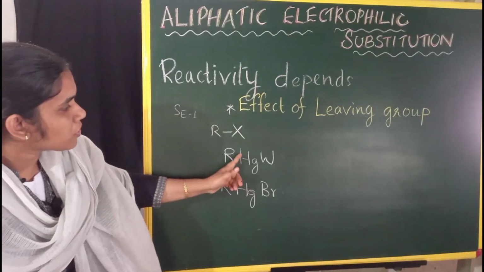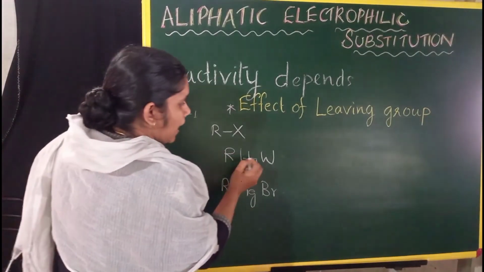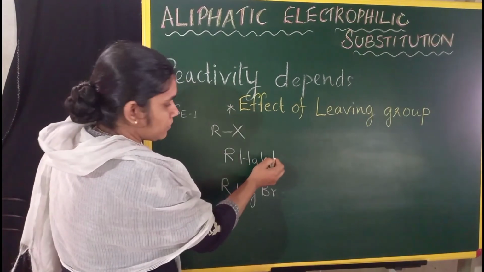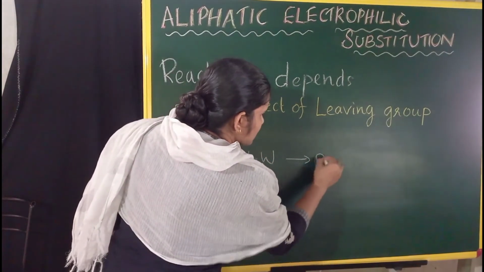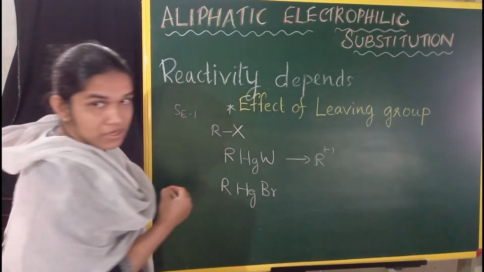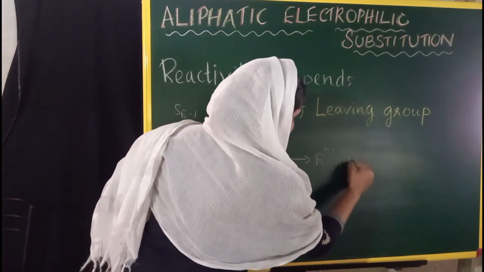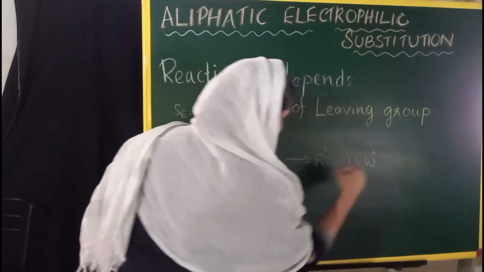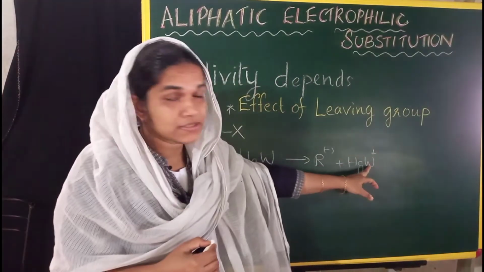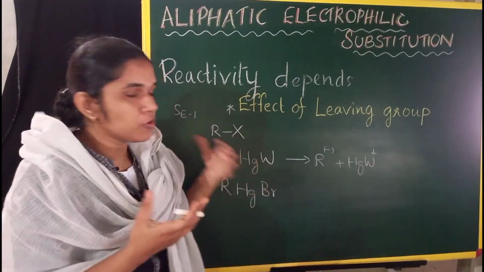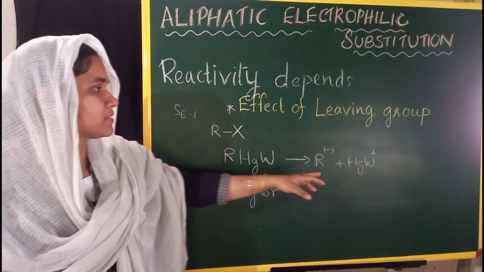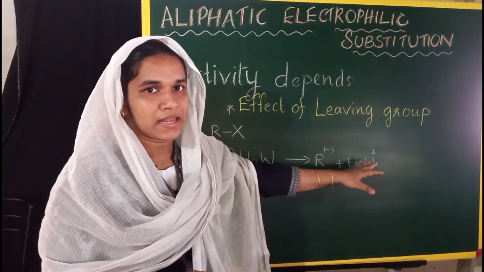After removing this, from RHgW, R becomes R minus and HgW becomes HgW plus. So this W should be a group that stabilizes this positively charged cation.